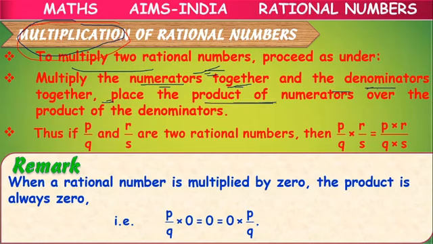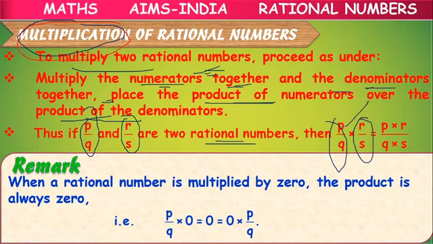Place the product of the numerators over the product of the denominators. It means if P by Q and R by S are two rational numbers, the first and second rational number, and we want to multiply them, we multiply the numerators P into R, we multiply the denominators Q into S separately, and the product of the numerators P into R is kept over the product of the denominators. Okay, like that we have to keep.